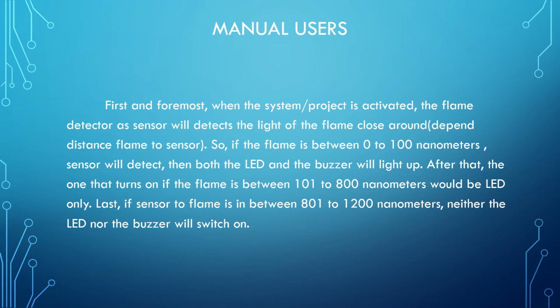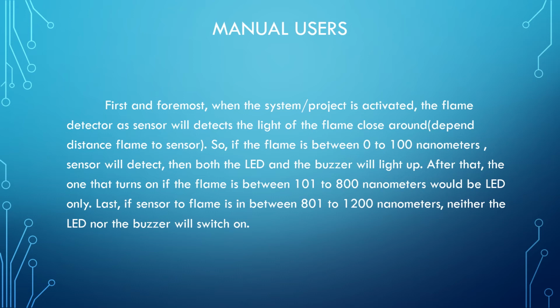Then both the LED and buzzer will light up. After that, if the flame is between 101 to 800 nanometers, only the LED will turn on. Last, if the sensor to flame is between 801 to 1200 nanometers, neither the LED nor the buzzer will switch on.